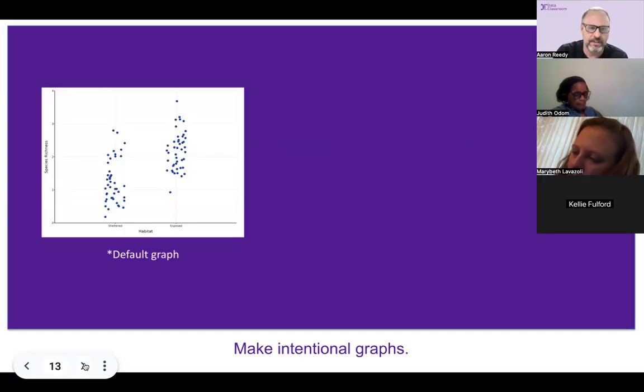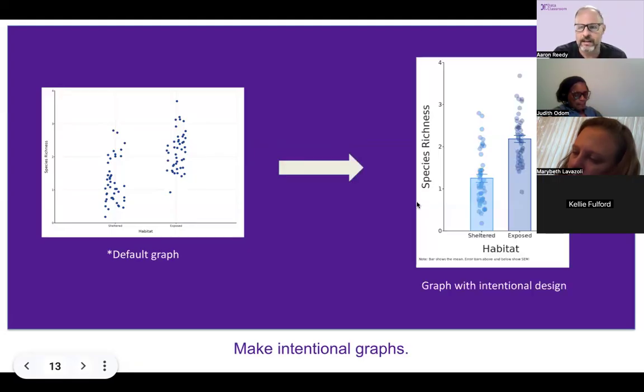We've got just a single color. We've got relatively small axis labels. I took that same data and I gave it a bit of a glow up here, where this is the exact same data that you're seeing here on the right, but the graph is quite a bit quicker and easier to read, right?